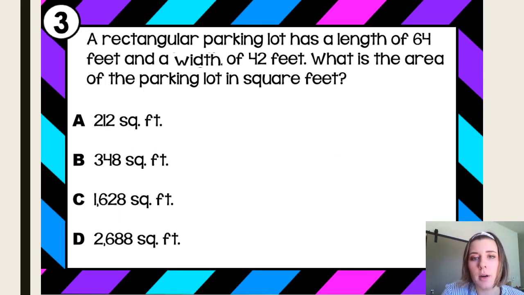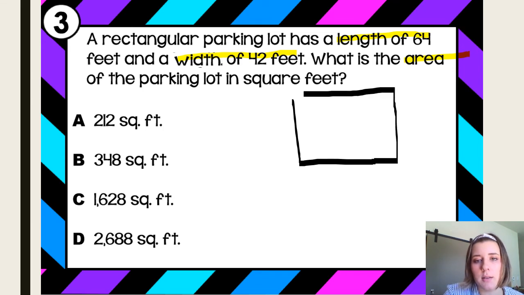A rectangular parking lot has a length of 64 feet and a width of 42 feet. What is the area of the parking lot? First step is to draw a picture, and let's set this up. I'm going to draw my parking lot and label my length and width. I've got 64 and 42.